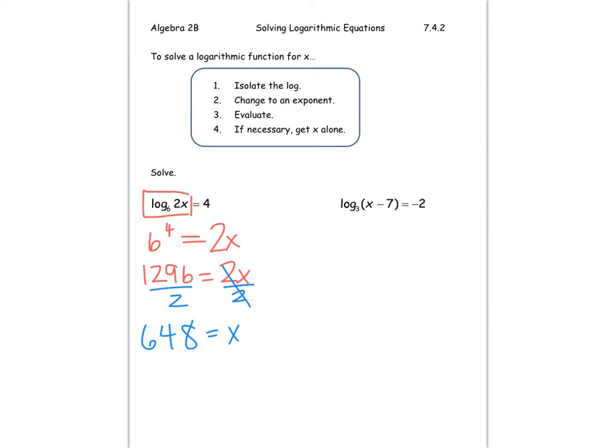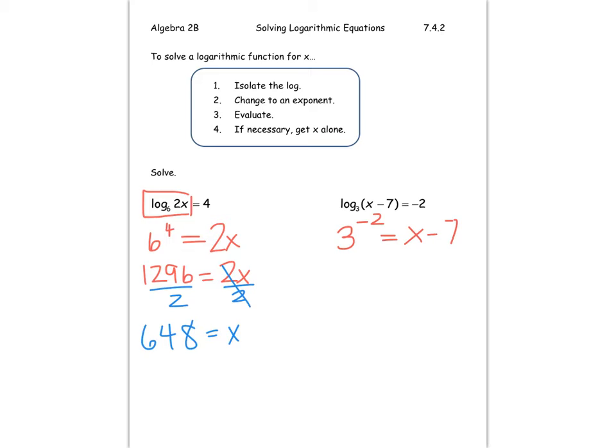And beside it, another one. Pretty simple. Again, because of the parentheses, the x minus 7 is considered one thing. So the base is 3, the x minus 7 is the value. So we are ready to change to exponent form. So this time we'll have 3 to the negative 2 equals x minus 7. 3 to the negative 2 is a repeating decimal.